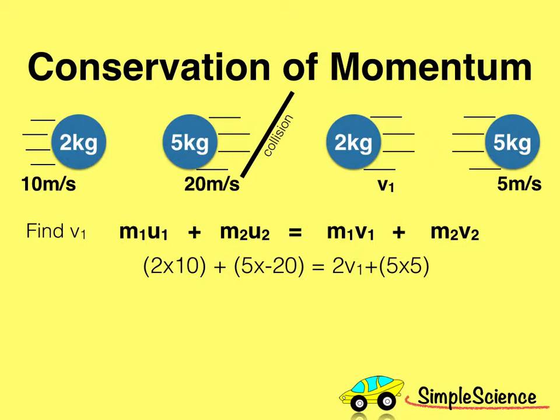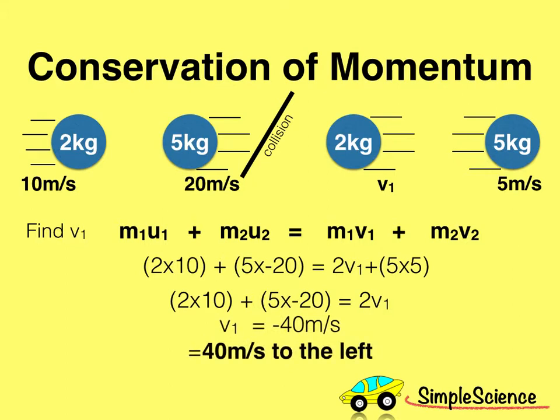And 2 kilograms times v1, whatever v1 is, positive or negative, we don't care, we just call it v1, and 5 times 5 meters per second, positive because it's going to the right, and we're taking right as positive since the start. So we then rearrange it, and we find v1, which gives us minus 40 meters per second, which is essentially 40 meters per second to the left.